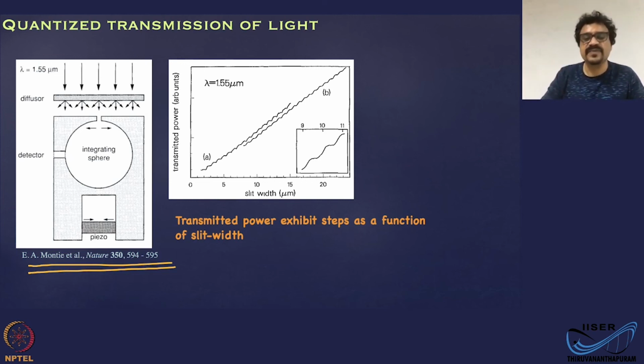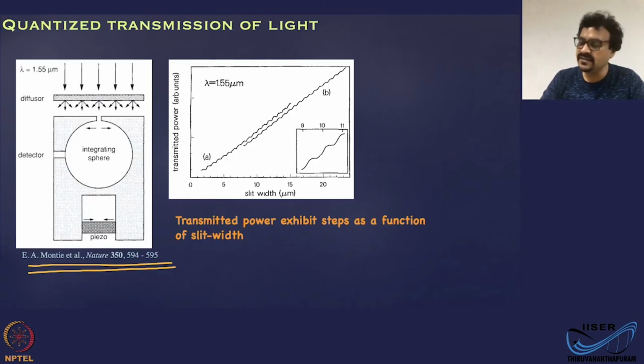This is done by a piezo. And what they have measured is that the transmitted power, which is collected here, varies in a step-like manner as a function of slit width, which is exactly what we were also saying for the case of the quantum point contact or atomic point contact.